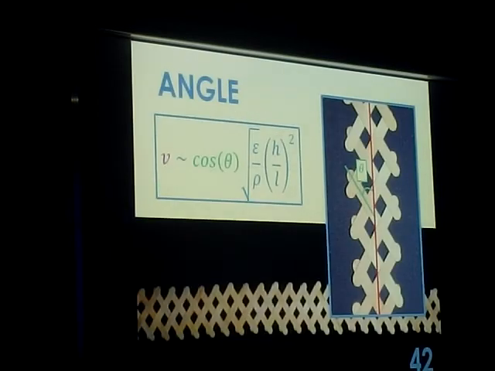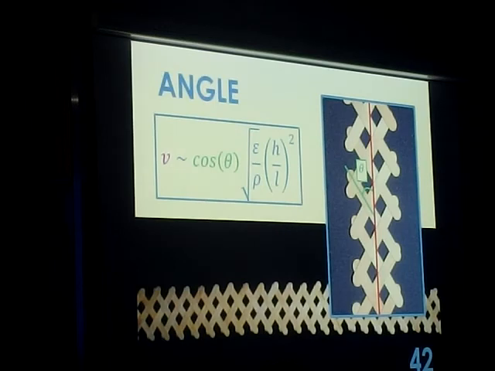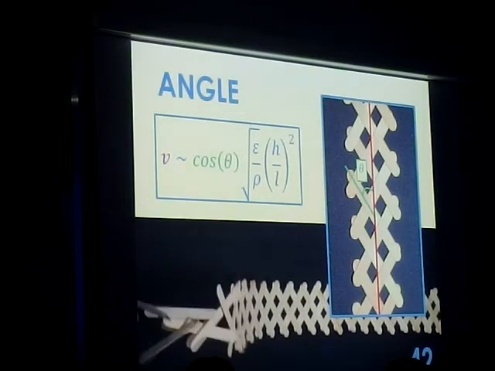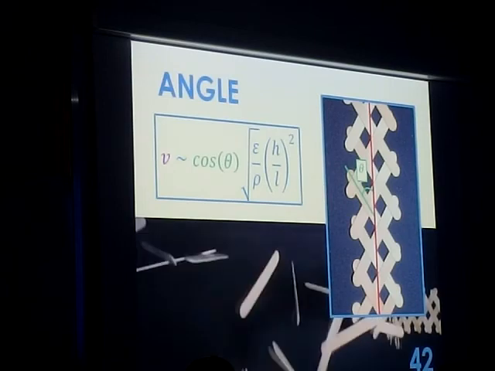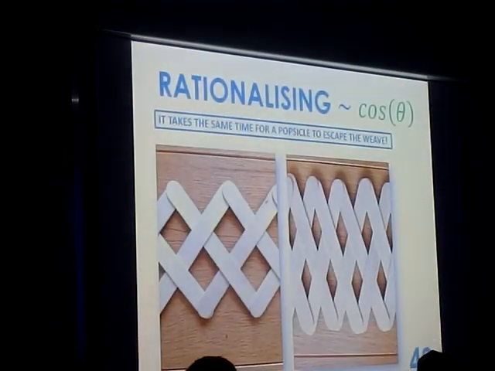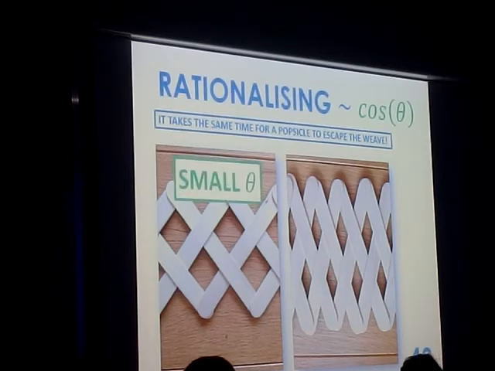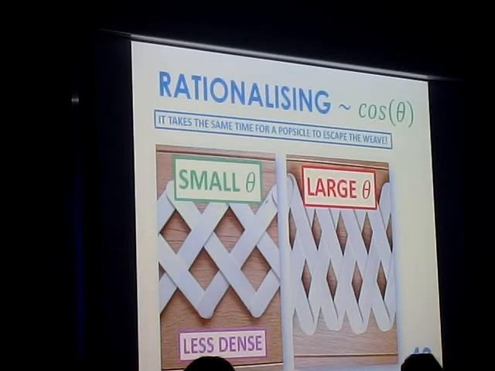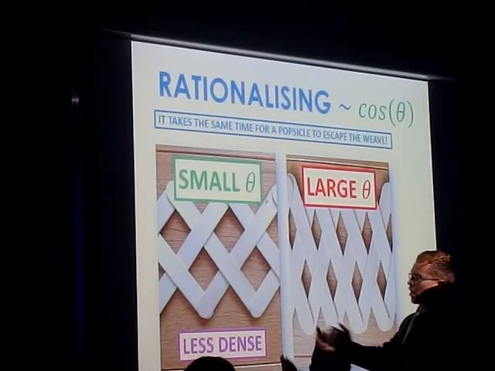So, moving on to our own sticks, we estimated the psi to scale as cosine of theta. So we can see that. Why we estimated it as such is that with small theta there will be a less dense cobra.